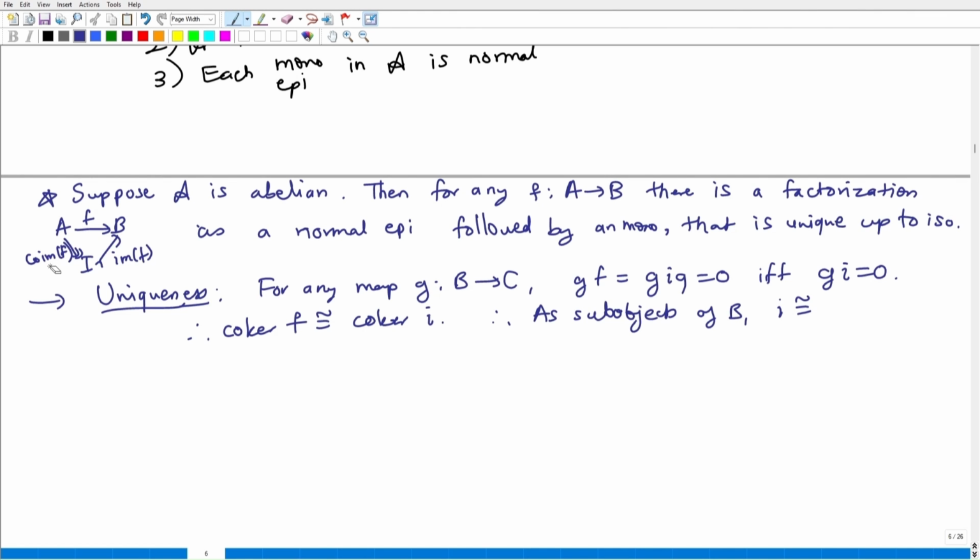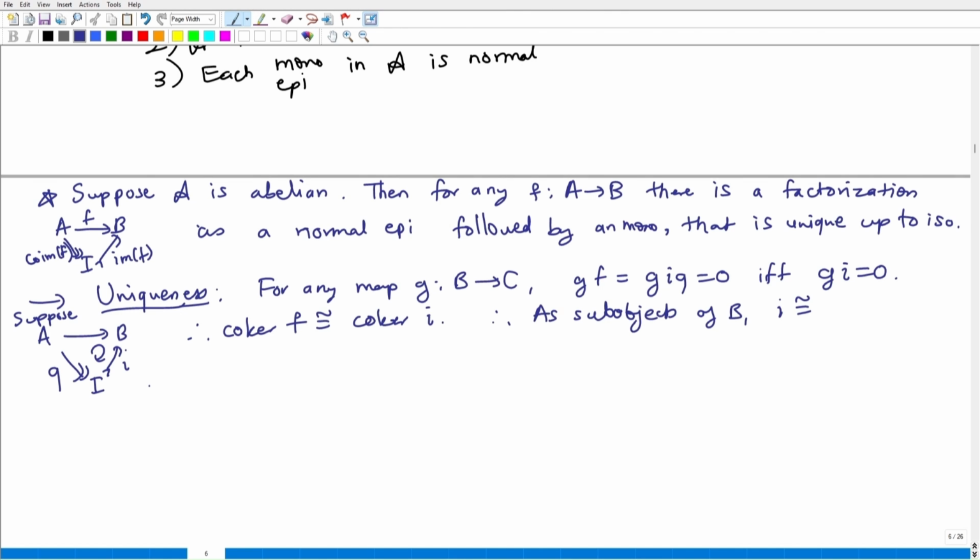I should say that suppose there is a factorization, and then I'm doing it for this. This is an epimorphism and this is a monomorphism. This is I and Q. So suppose this is given. This commutes, where this is mono and this is epi.